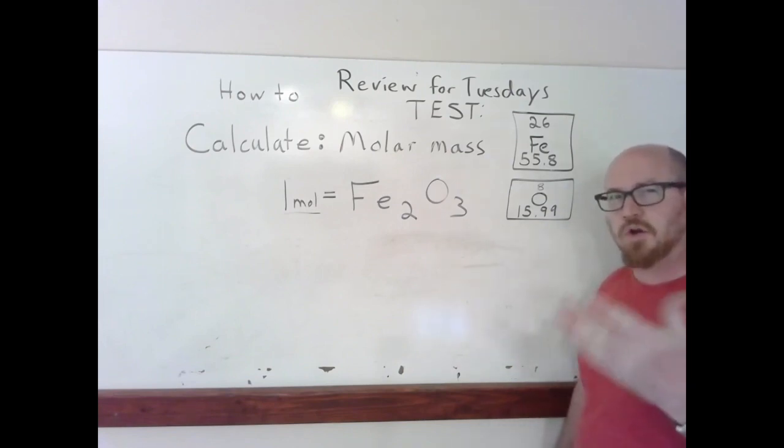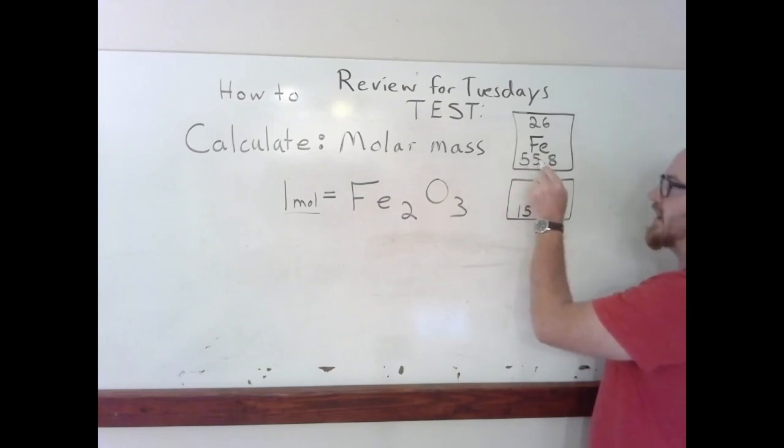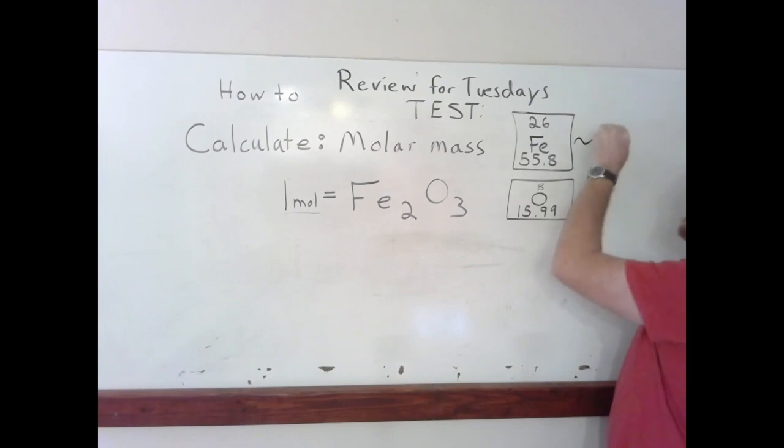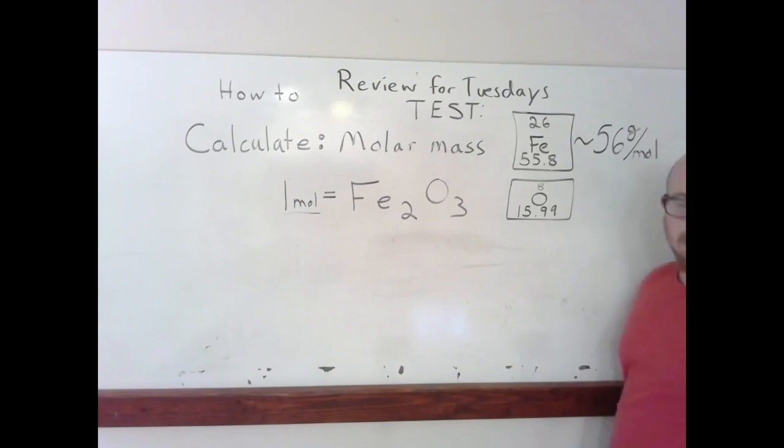I'm going to round this to whole numbers so we can make it a little bit easier for ourselves. 55.8, I'm going to round up to 56. That's grams per mole for iron. And now down here we've got oxygen. It's number 8 on the periodic table.